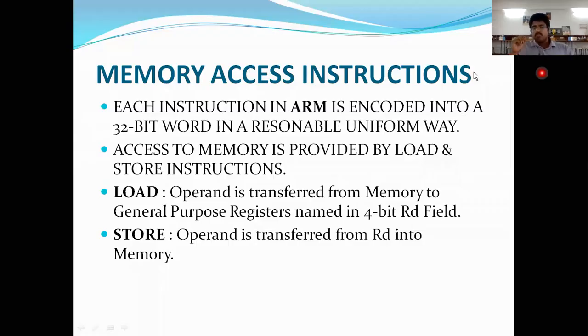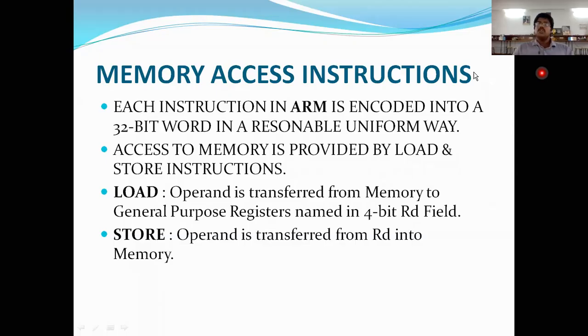For what purpose do you use memory? There are two purposes: one is to store the data into the memory, and the second is to take or retrieve the data from the memory. These are the two purposes for which we use memory.